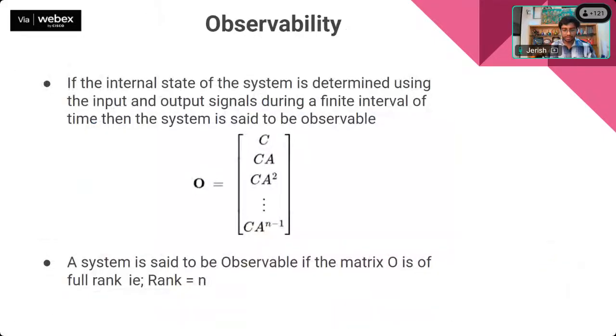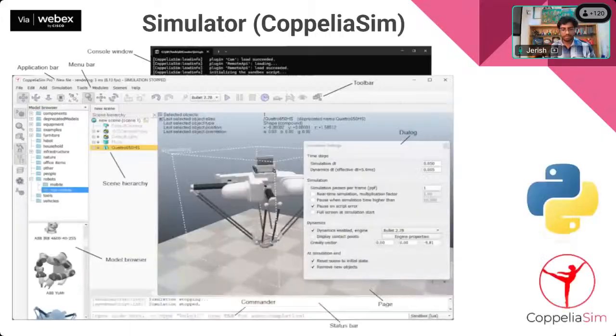The observability matrix has that data, and in order to say that all the states can be observed, the rank of this particular composite matrix should be full rank. Okay, so this is the overview of this.